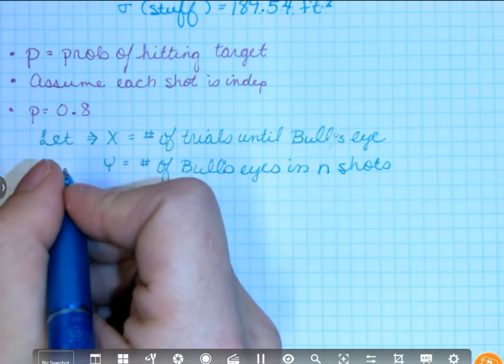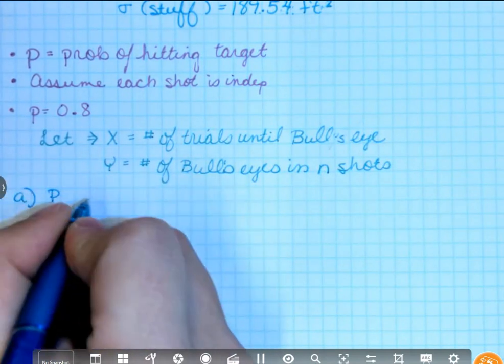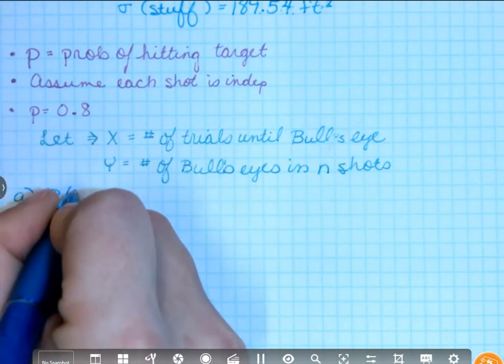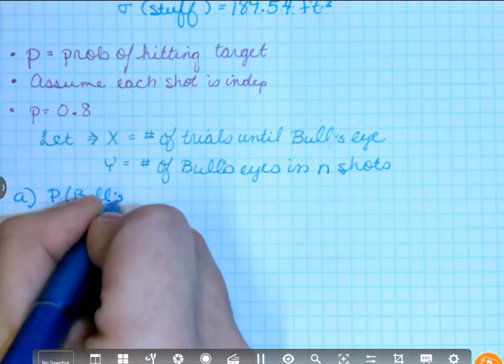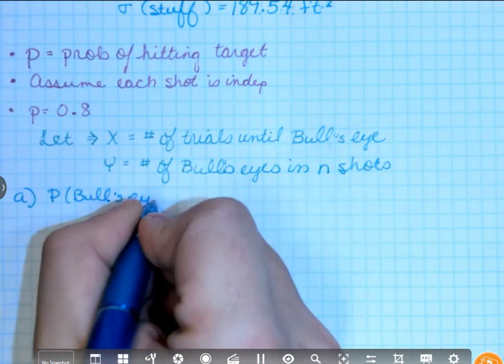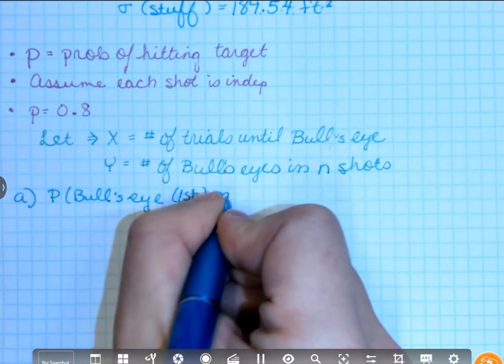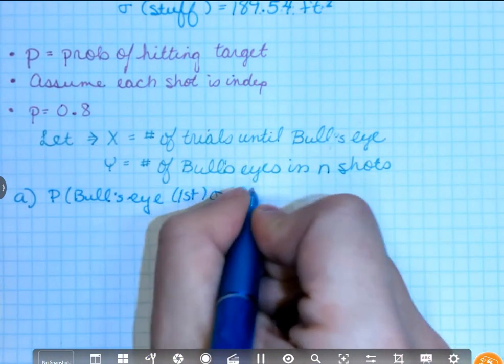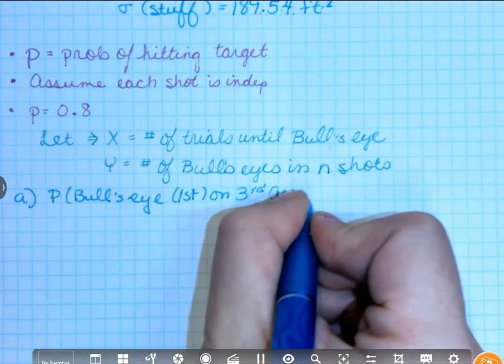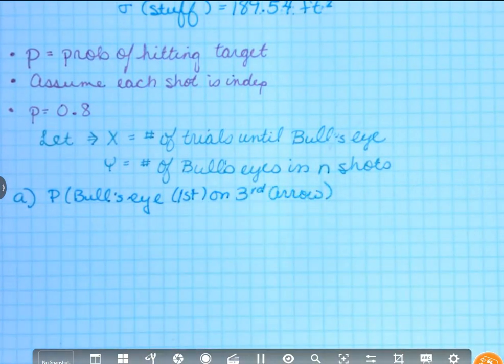Now, A was asking for the probability that the bullseye, or I should say the first bullseye, was on the third arrow. You don't need to write this part down. I'm just putting the question up here. Is this binomial or geometric? Geometric.